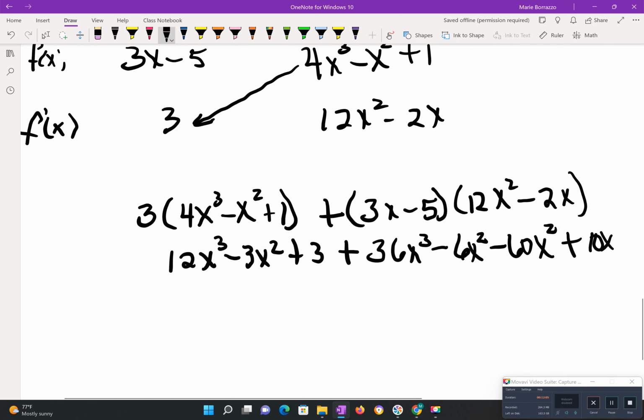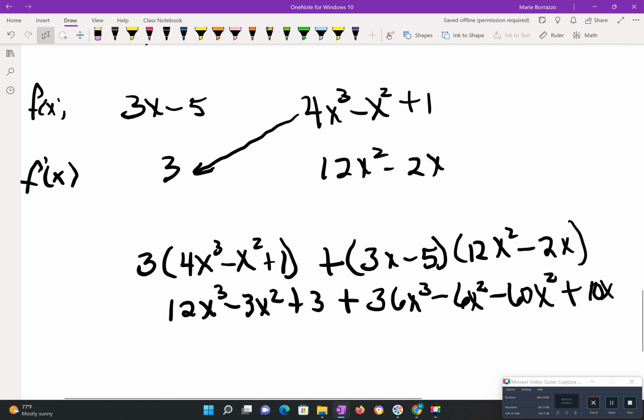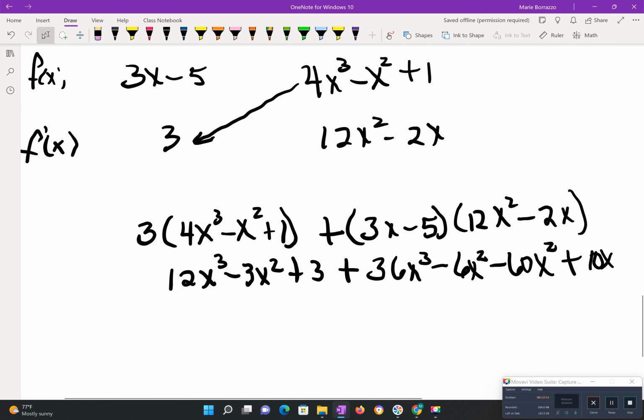Okay, now we combine the like terms. Let's see what we get. Let's do yellow. We'll do the thirds. So this and this add up together to give us 48x to the third power.